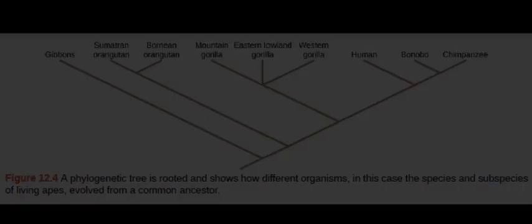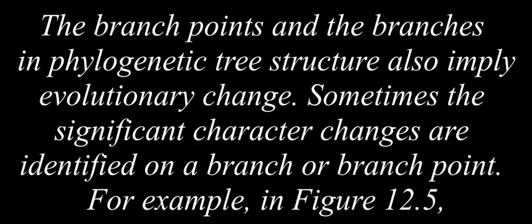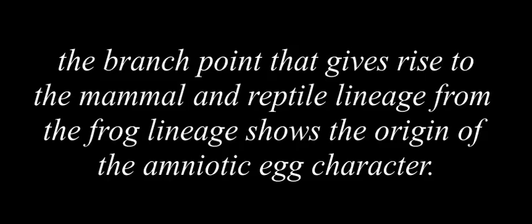The branch points and the branches in a phylogenetic tree structure also imply evolutionary change. Sometimes the significant character changes are identified on a branch or branch point. For example, in Figure 12.5, the branch point that gives rise to the mammal and reptile lineage from the frog lineage shows the origin of the amniotic egg character.